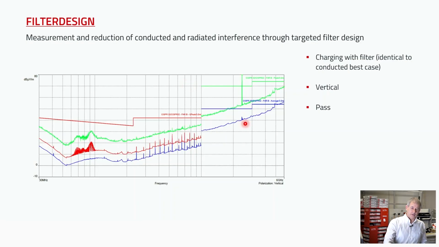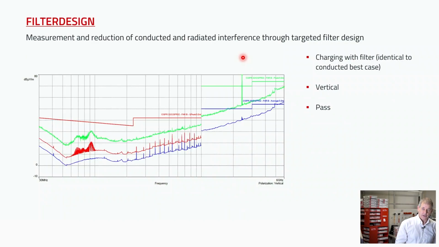You can see here we have a little bit of trouble at 2.45 gigahertz. That's the mobile phone and the Wi-Fi module inside the mobile phone, because it's trying to communicate with a Wi-Fi system. We see it, but it's not included in the test. It's not a reason for a fail.